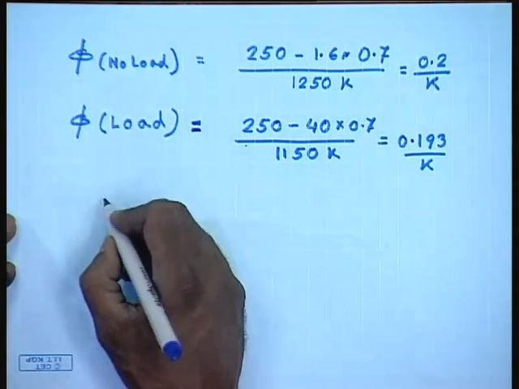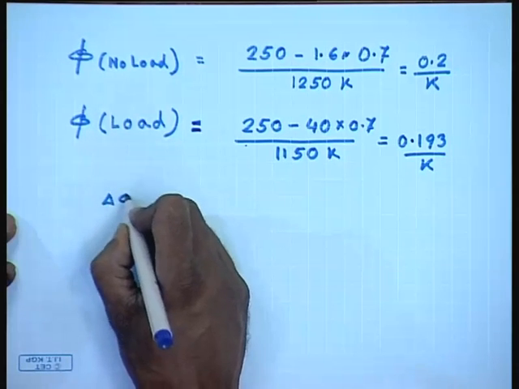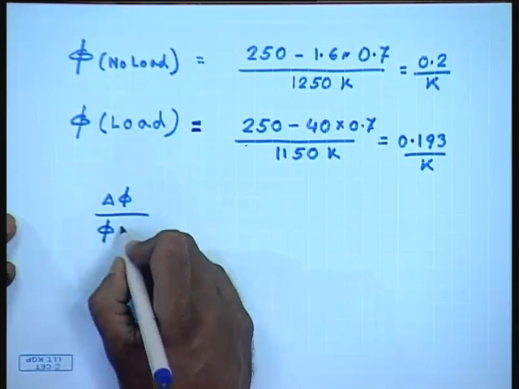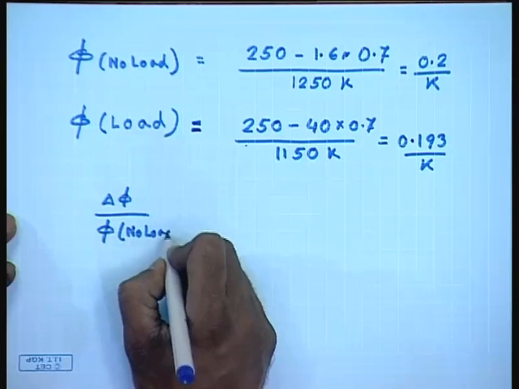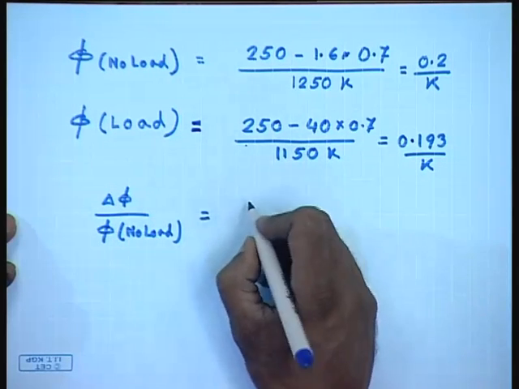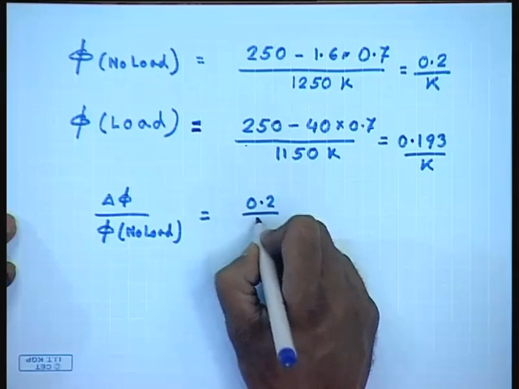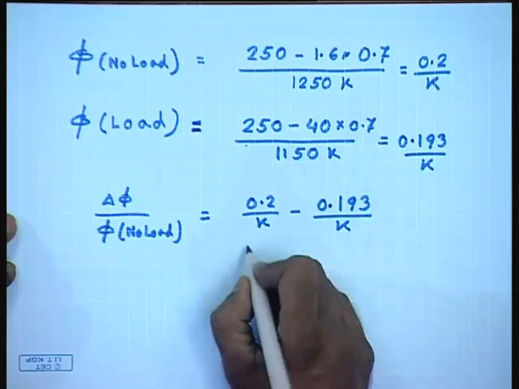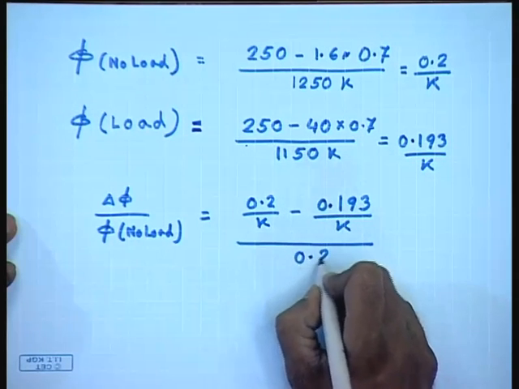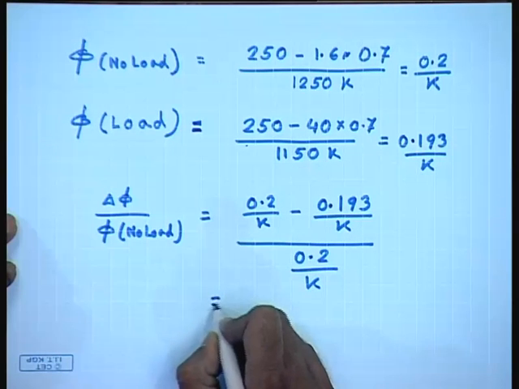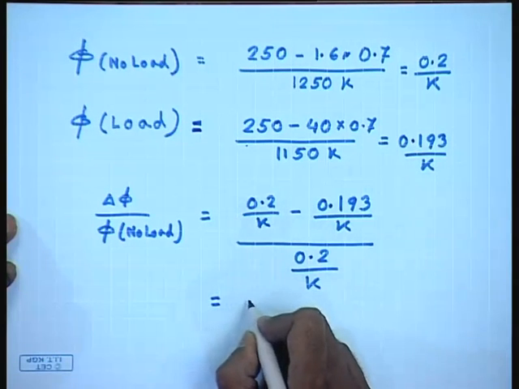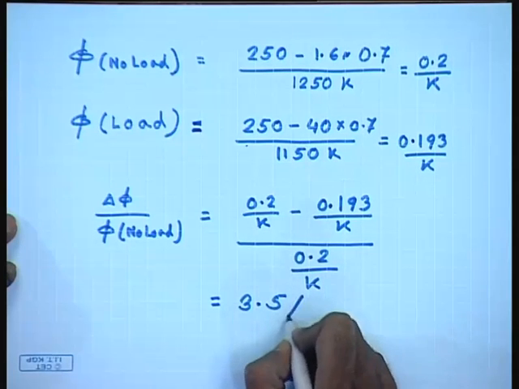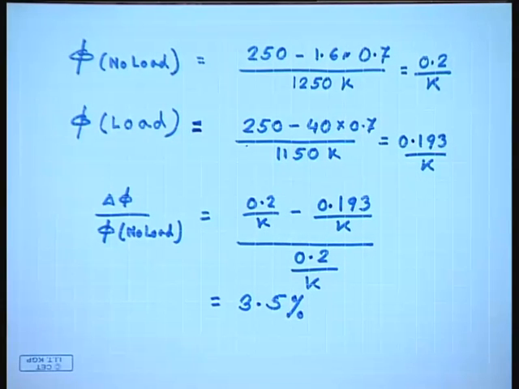So, delta phi by phi no load is equal to 0.2 by k minus 0.193 by k divided by 0.2 by k. This comes to 3.5%. So, from actual measured data we can find out the effect of armature reaction on the field flux.